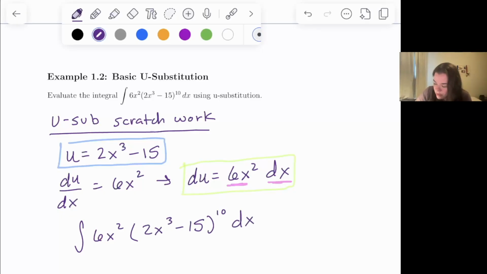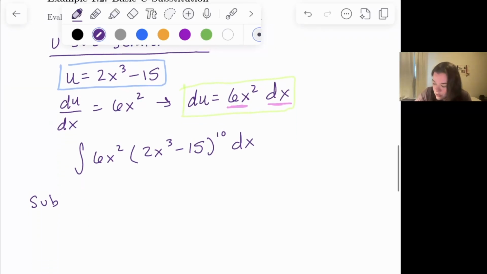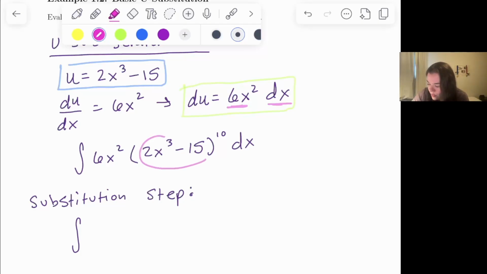And now I'm going to do the substitution step. So let's do the substitution. The substitution step means all x's are getting replaced by u's. So this term right in here, 2x cubed minus 15 to the 10th, well, the 2x cubed minus 15 is getting replaced by u to the 10th.